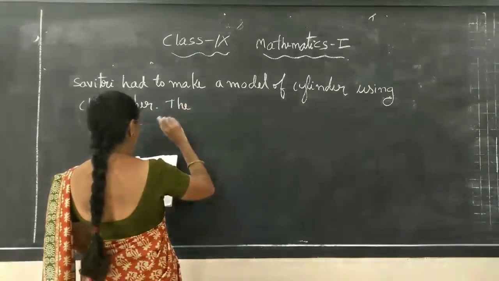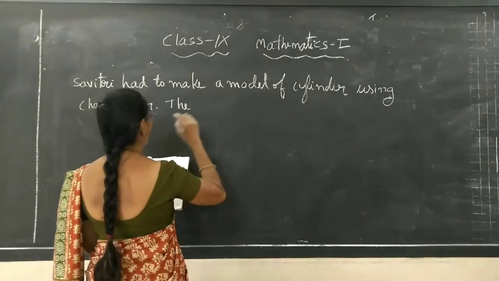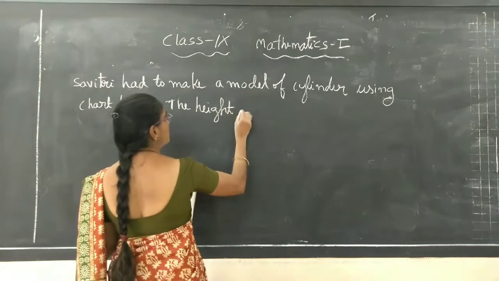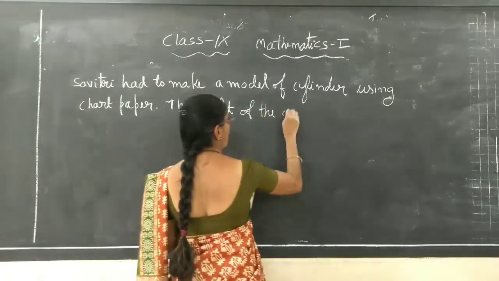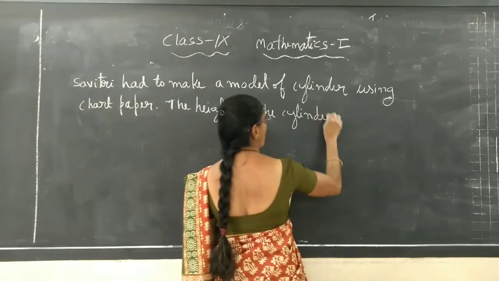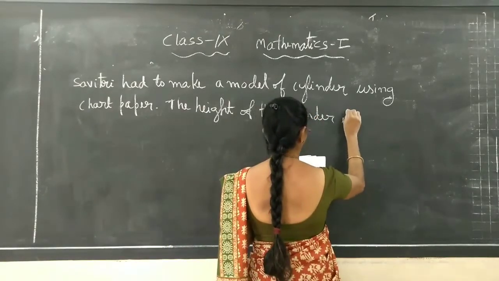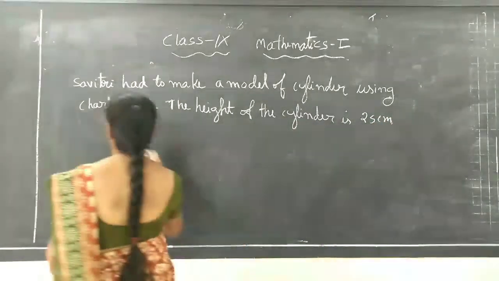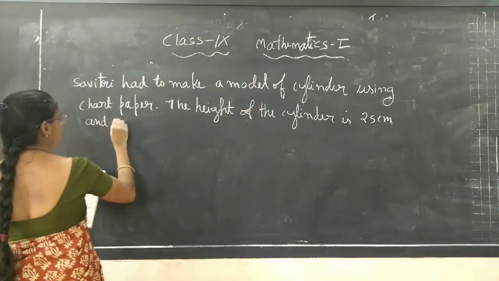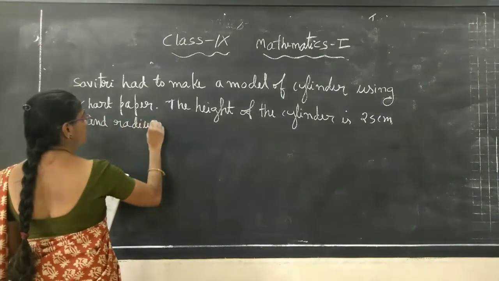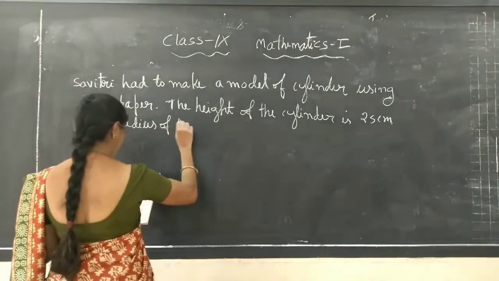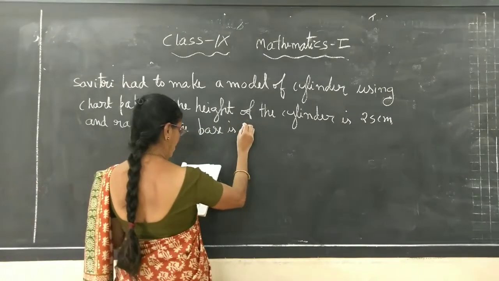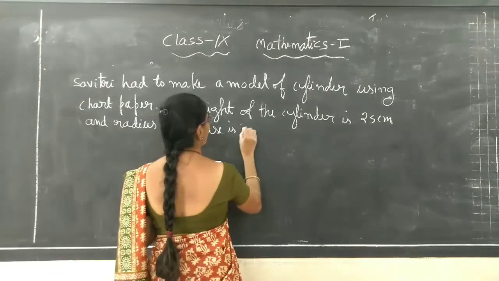The height of the cylinder is 25 centimeter and the radius of the base is 3.5 centimeter.